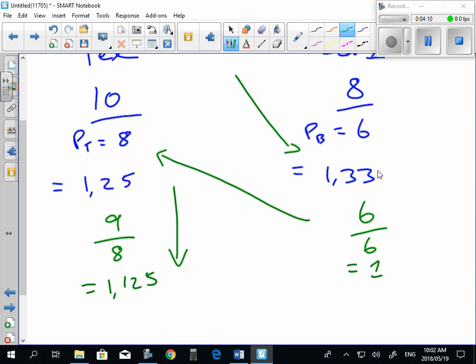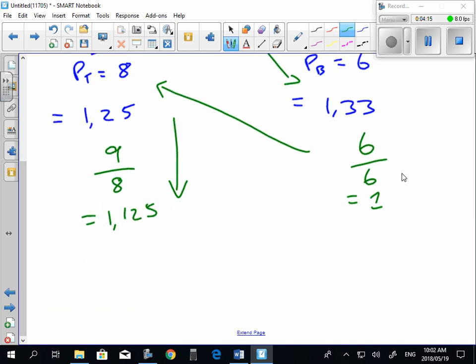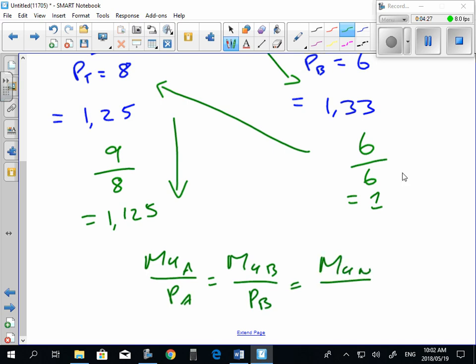And ultimately, if you do this properly, you will get to a point where your marginal utility of product A divided by the price of A is equal to the marginal utility of B divided by the price of B is equal to the marginal utility of N divided by the price of N. Essentially, if I were to completely maximize my possible satisfaction as a consumer, I would take my income and calculate my per Rand value for every single possible product that I can purchase.